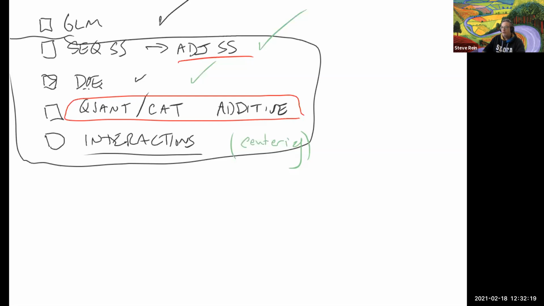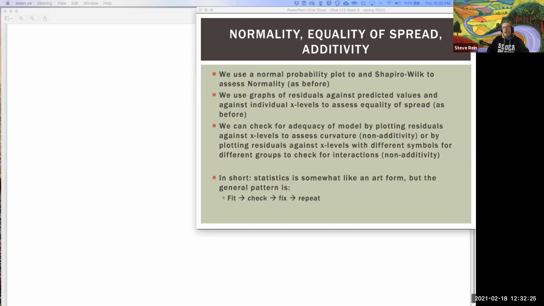So I'm going to switch gears and show you something else now, and that is my desktop over here. In chapters 8 and 9, what it boils down to is checking your residuals. How do we want to check them? Well, we look for things like normality. Well, done that. Equality of spread. Done that.